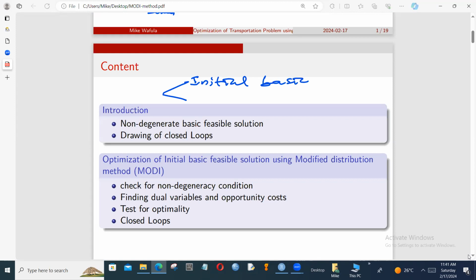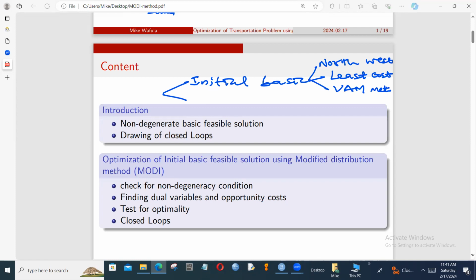And we mentioned a number of techniques that we can use to obtain this solution. One of them was the northwest corner method. We had the least cost cell method. Then we finalized with the VAM method, or Vogel approximation method. So this is basically what we explored in the introduction to transportation problem.